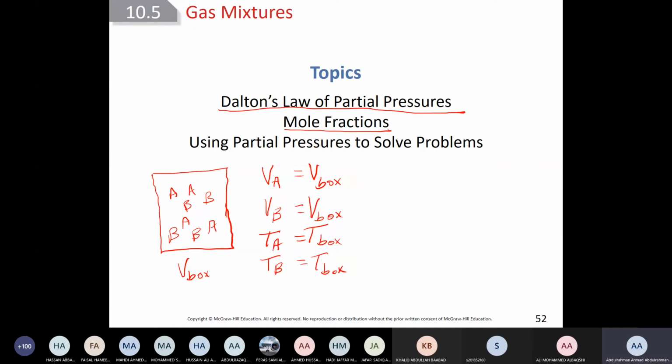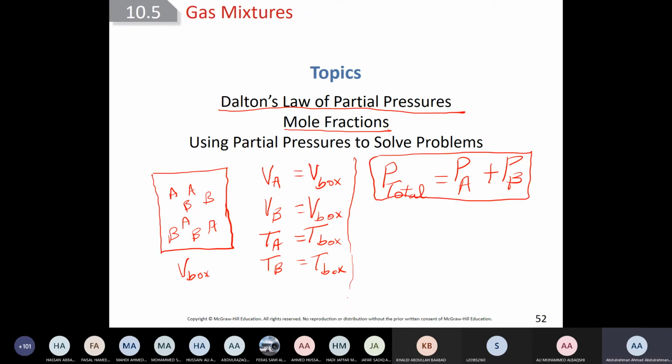All right. Now, Dalton law says that the total pressure is equal to the pressure of A plus the pressure of B. That is called Dalton law.